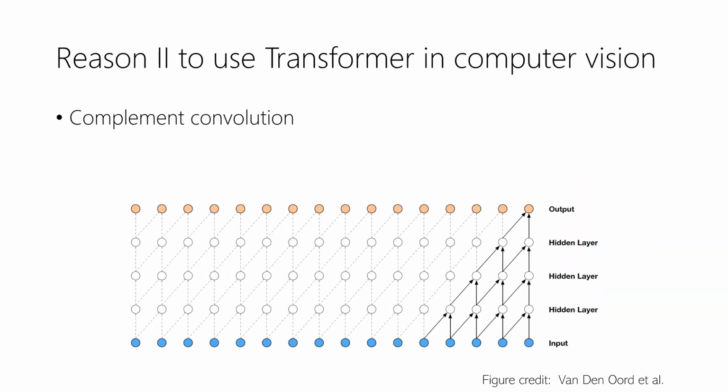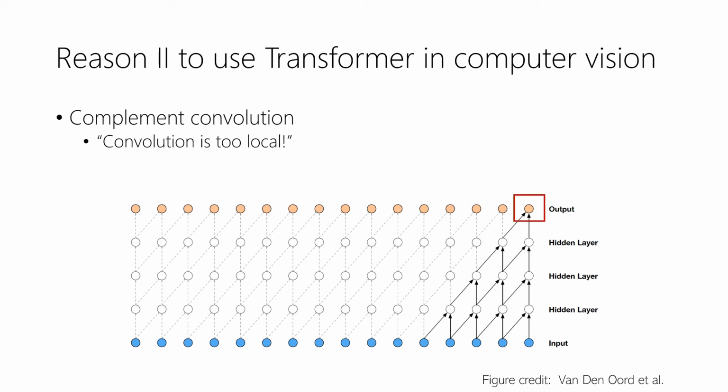Next, we introduce the second reason to use transformer in computer vision. That is, the transformer layer or attention layer is complementary to convolution layers. Convolution is criticized as being too local, that the convolution layer has difficulty extracting long-range pixel-to-pixel dependency. Please see this illustration.